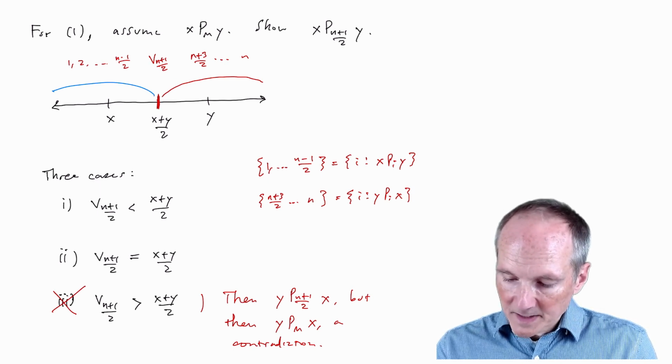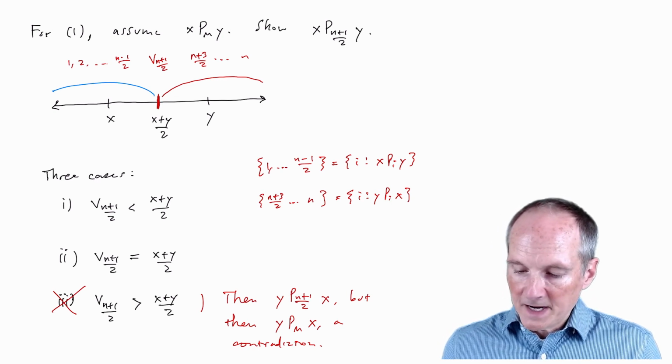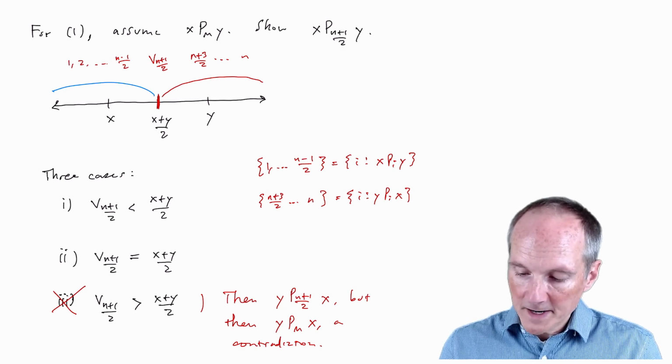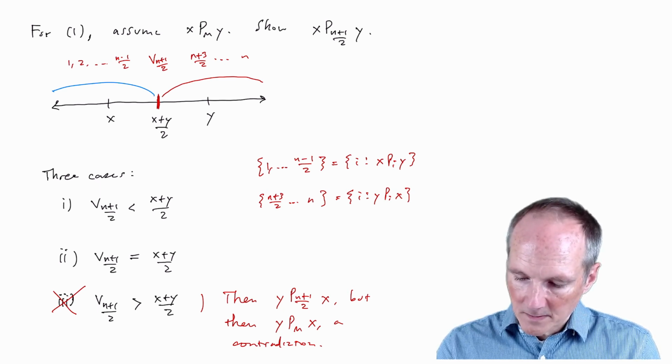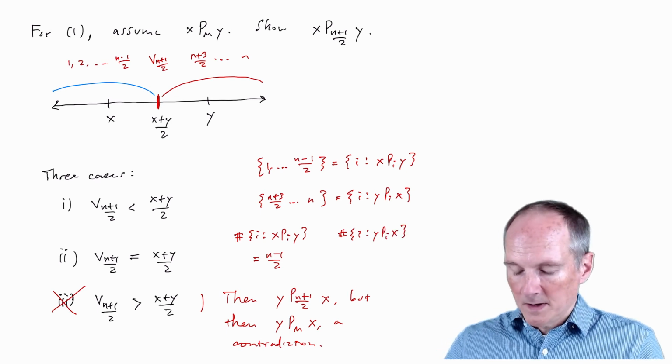But then that means that the number of people who prefer x is the same as the number of people who prefer y. The number of people who prefer x to y, that's just n minus 1 over 2. And the number of people who prefer y to x, those are the people above the median.